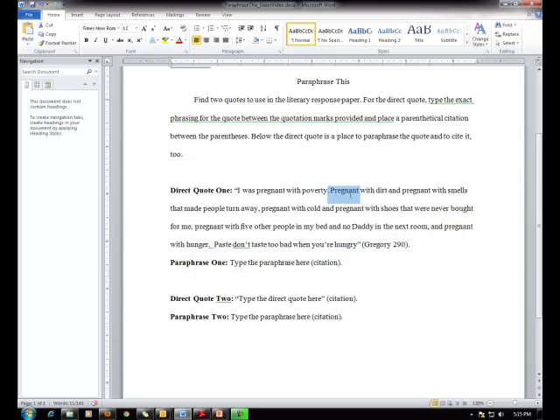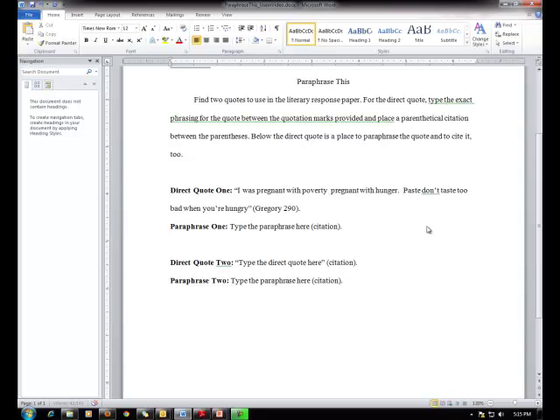And if I were to partner them with Dick Gregory's first comment, I was pregnant with poverty, and one of those signifiers of poverty that is very strong is that idea of hunger. So, I was pregnant with poverty, pregnant with hunger. Pasta doesn't taste too bad when you're hungry. Those comments placed in a paragraph about hunger would be so phenomenal, absolutely the perfect addition to that paragraph.